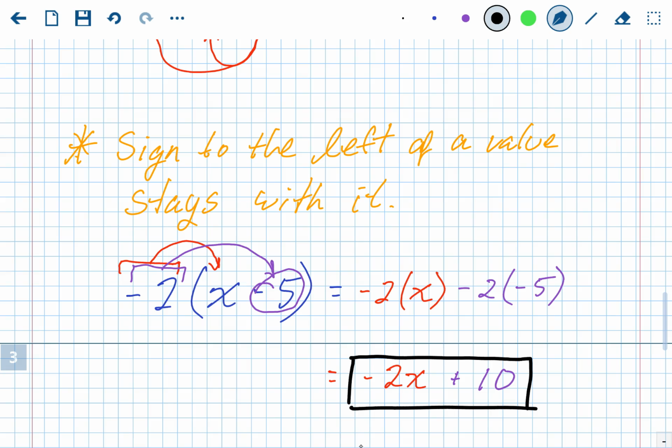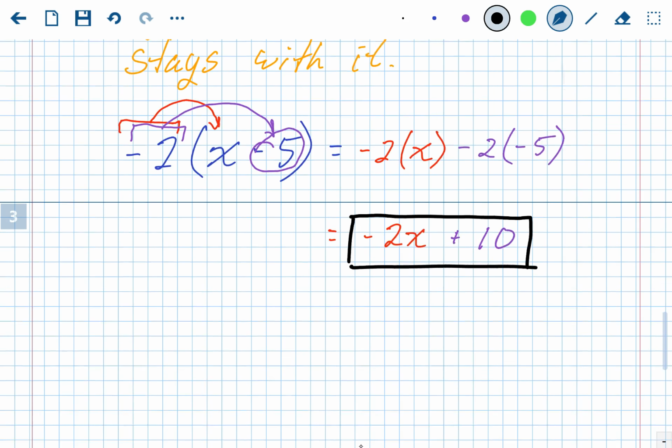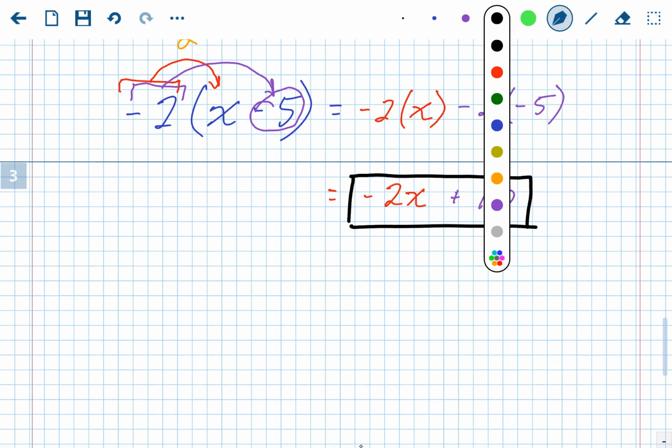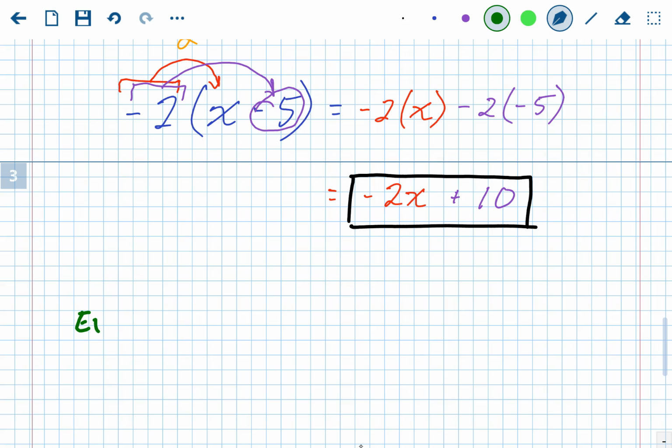Alright, let's try one more. It doesn't necessarily have to be just 2 terms in the parentheses, we could have more. So let's say we have -3 on the outside, and inside it's -3 times a plus 2c minus 7.